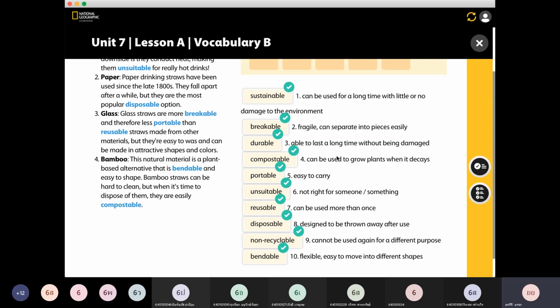Which one in your opinion should be used instead? Think about the products you can see in your daily life, and which products can be more suitable or can be alternatives to the things around you. Do you have any ideas?